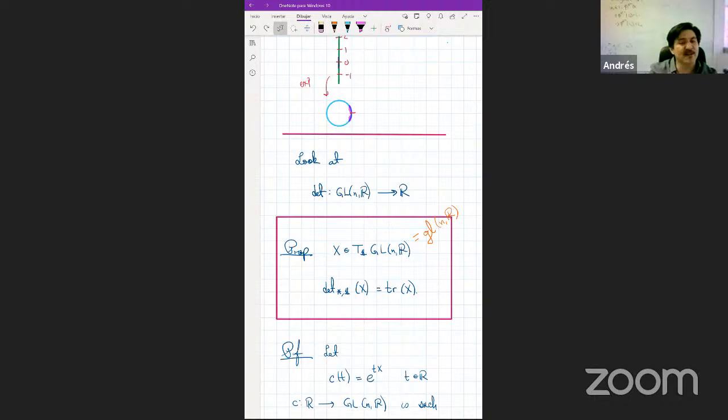So this is the curve that I take. I have X, an n by n matrix.